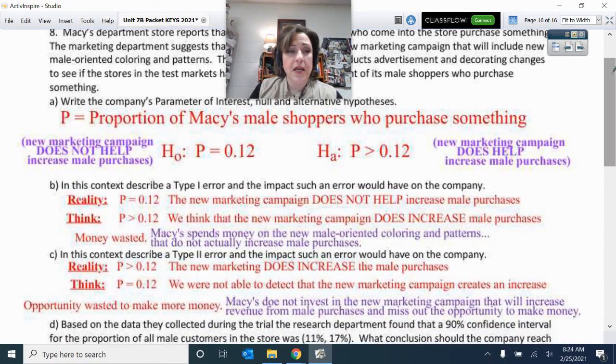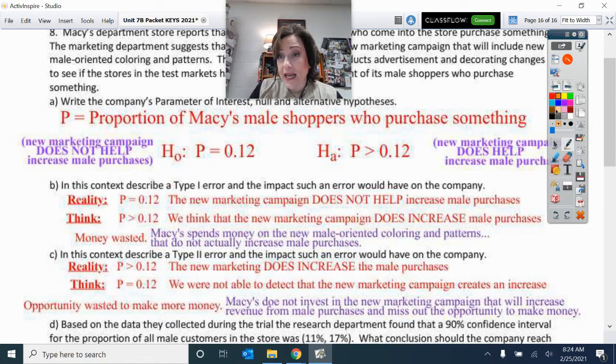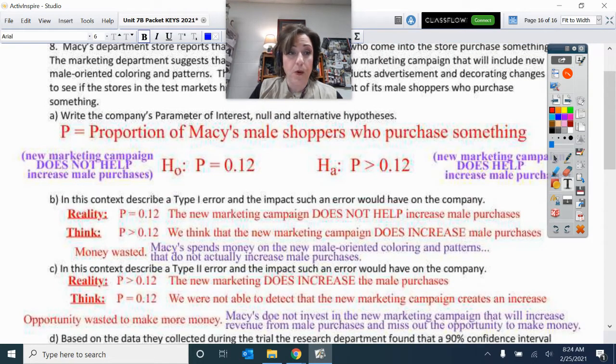Okay, so the parameter P is the proportion of Macy's male shoppers who purchase something. The null hypothesis is that it's 12%, but I should add the treatment here: the proportion after the new marketing campaign.